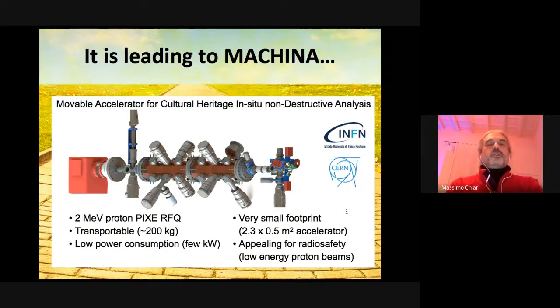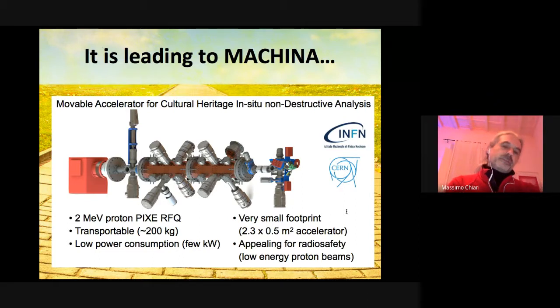And so using compact devices like compact ion source, compact diagnostic systems, compact detection systems, and so forth, we have been able to build a compact accelerator that is just 2 meters and something more long and half a meter in width, weighing only a few hundreds of kilograms.